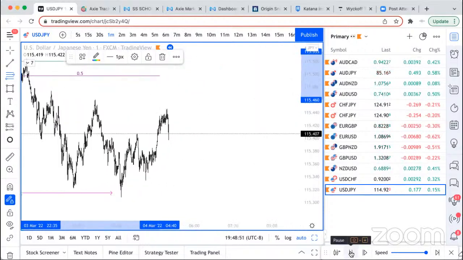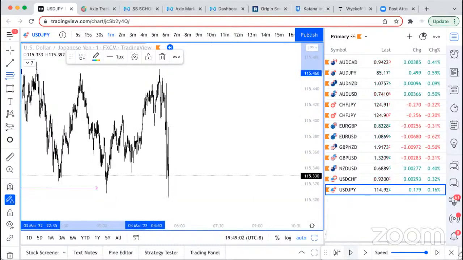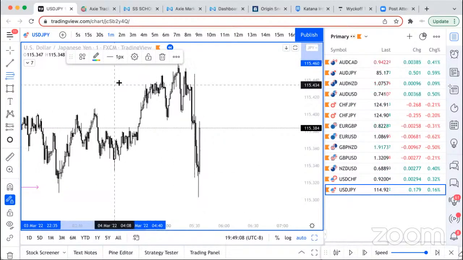And price is coming along, and by the time I actually look, we sold off already. So we sell off, and obviously we saw our distribution start to form.